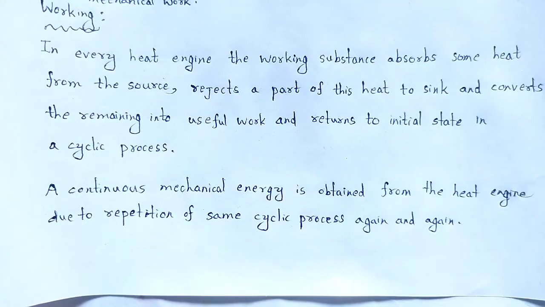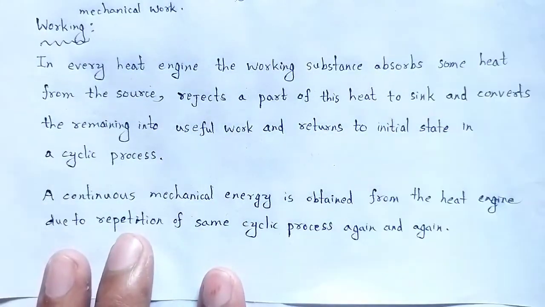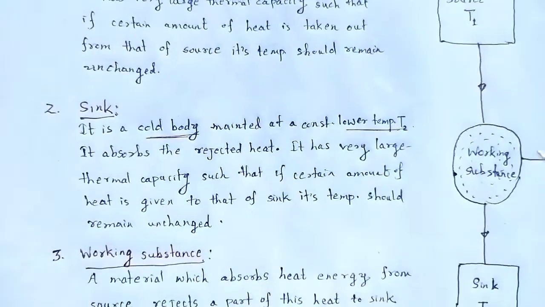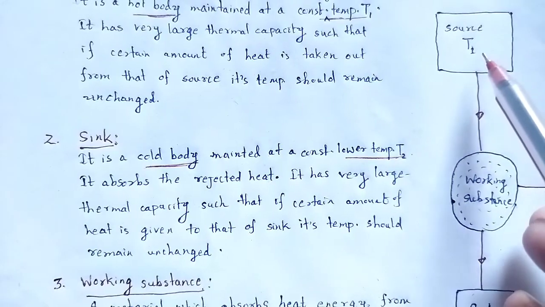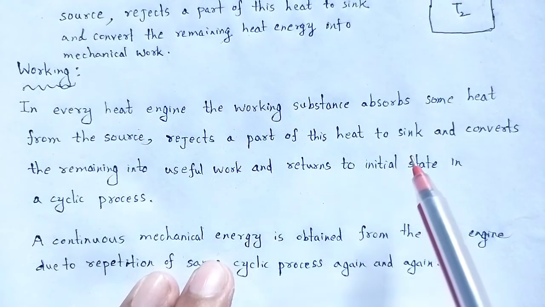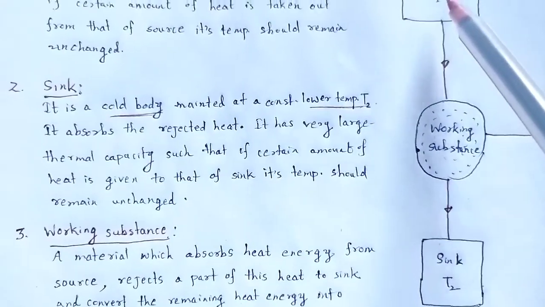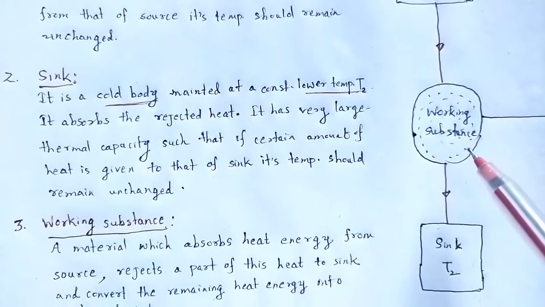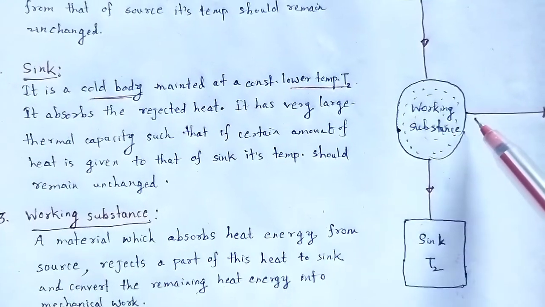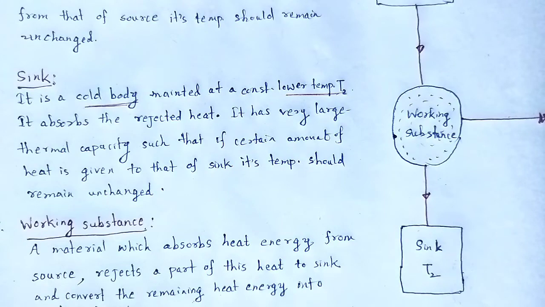In every heat engine, the working substance absorbs some heat from the source, rejects a part of this heat to the sink, converts the remaining into useful work and returns to the initial state in a cyclic process.